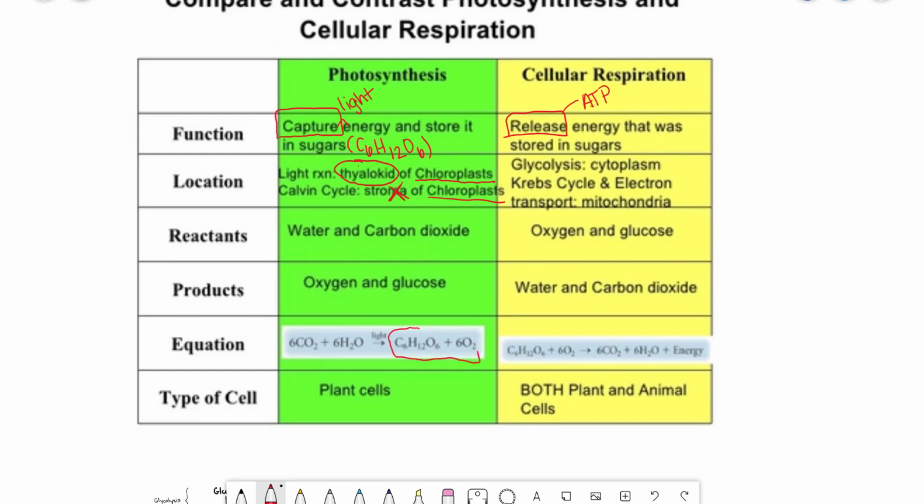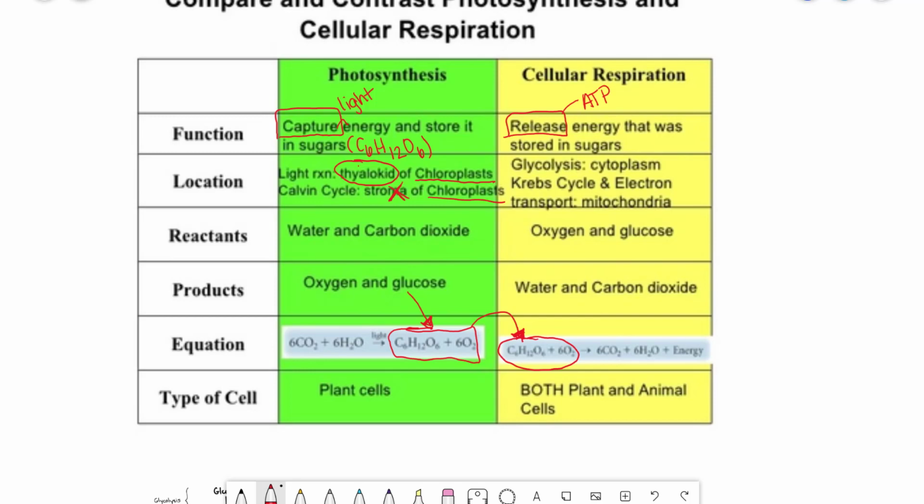These are your products, oxygen and glucose. Look at what the reactants of cellular respiration are: sugar and oxygen. So the products of photosynthesis are the reactants of cellular respiration.